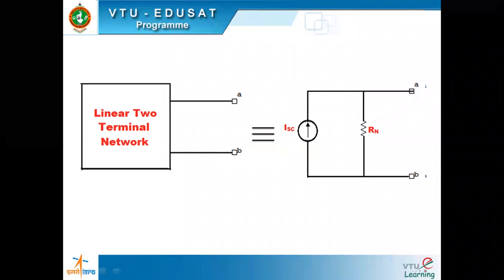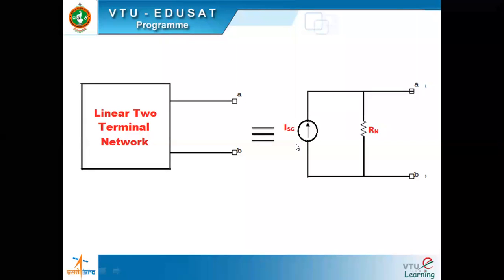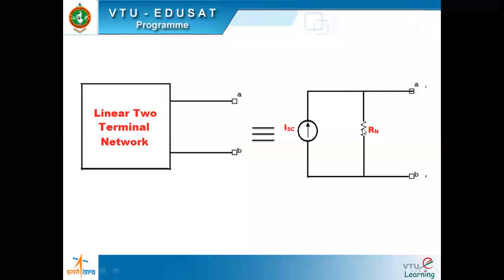Get this point, everybody? Okay. Norton says that any linear two-terminal network can be replaced by a current source in parallel with the resistor RN. Whereas in Thevenin's, it was a voltage source in series with the resistance, in Norton's it is a current source in parallel with RN.